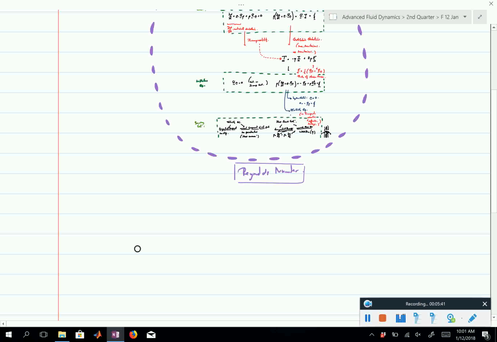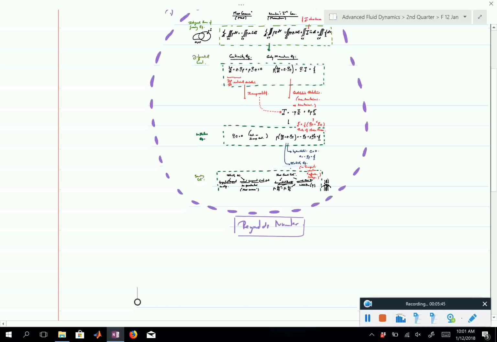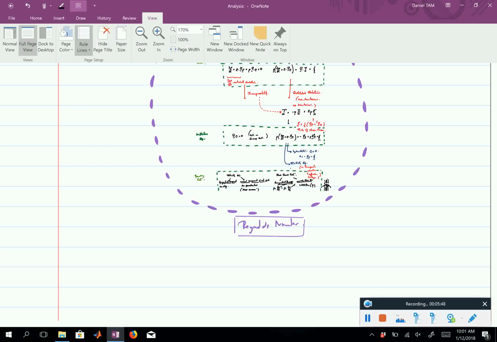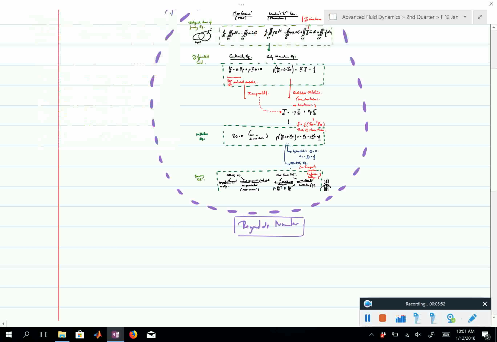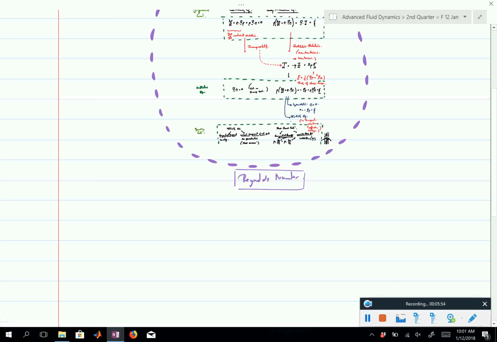So the first kind of flows we discussed at the beginning of Coil 2 were usually assumptions you can make when the Reynolds number is high, and that you can assume viscosity effect to be negligible.